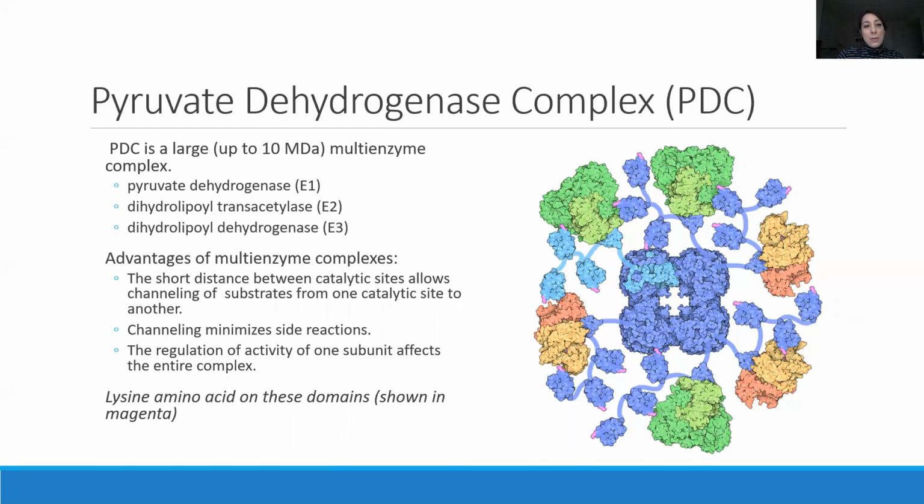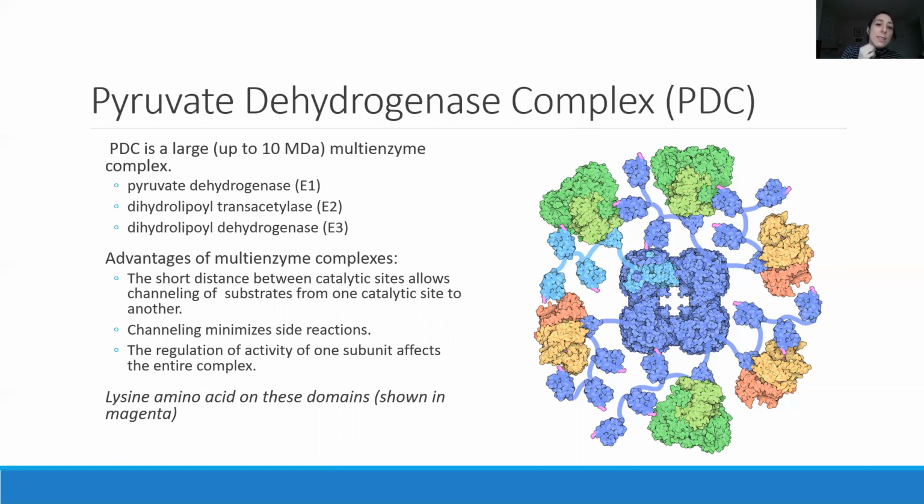It's made out of multiple subunits that are even then combined together. So here's the actual crystal structure that came from the PDB, showing the multi-enzyme complex, the E1, E2, and E3 portions.